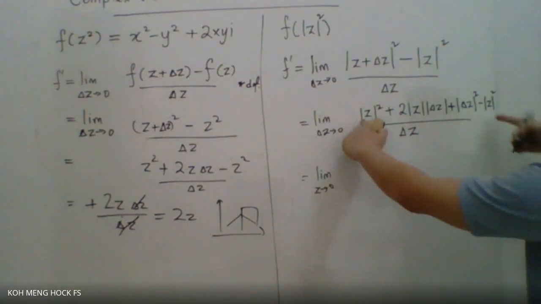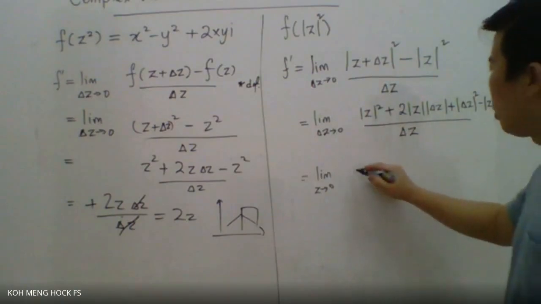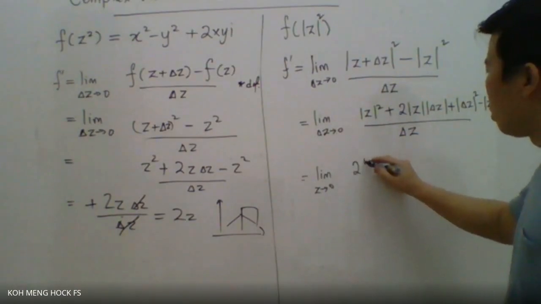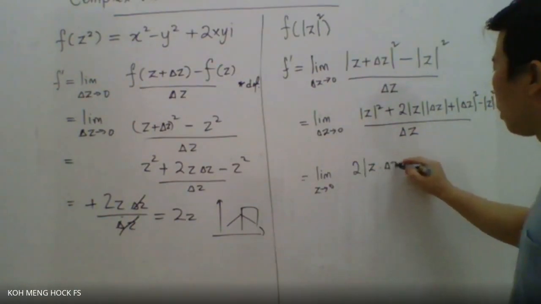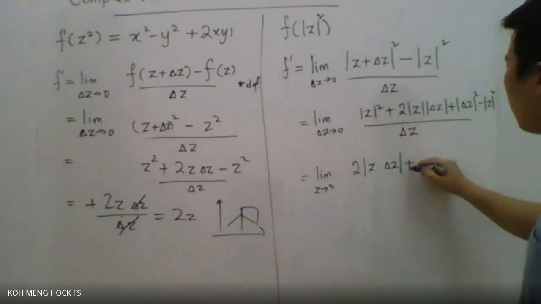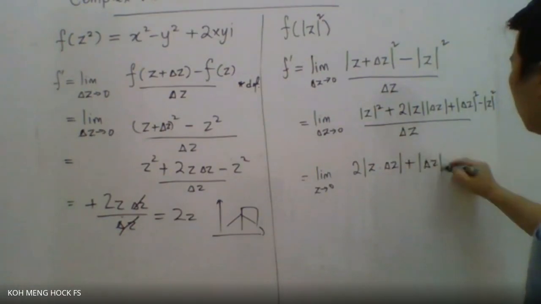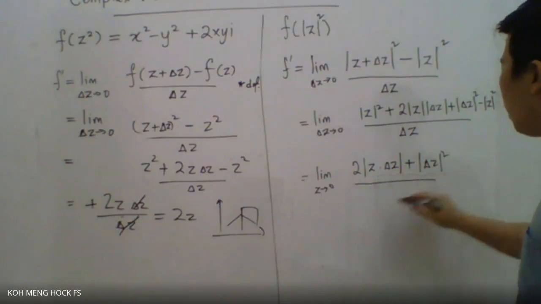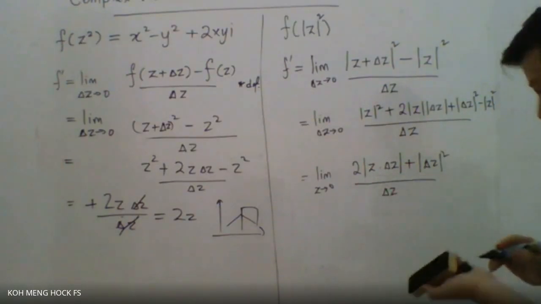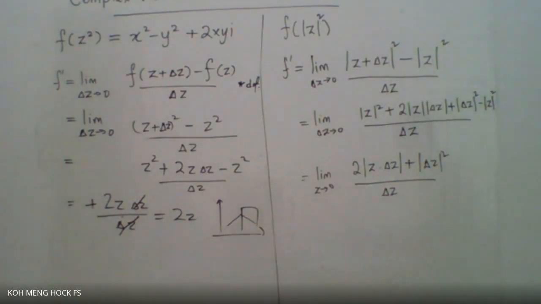Again, this and this are going to cancel. So now you have two terms over here: 2z delta z plus delta z squared, divided by delta z. Okay, so this is the point that I want to reach.